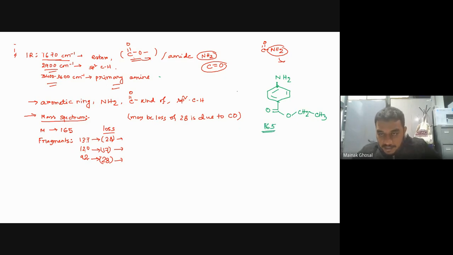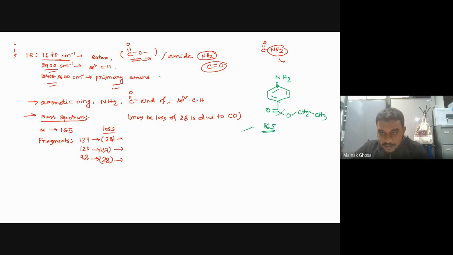Now from here, what kind of fragmentation is possible? The most important fragmentation possible for this one, this one is highly possible. Now how much mass will be lost if this group goes? You will lose the OEt group.